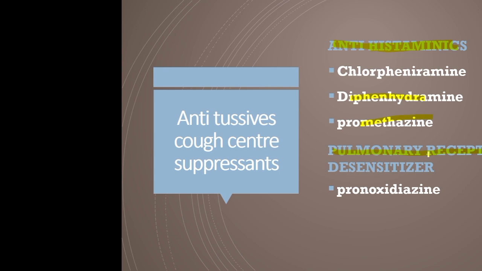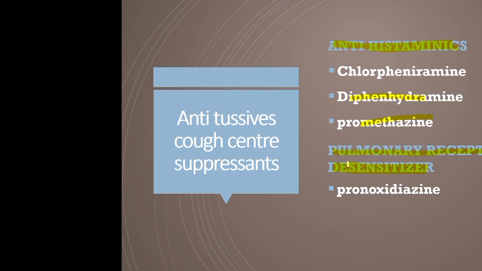And what are pulmonary receptor desensitizers? They block the activity of the sensitizing agent. The pulmonary receptor desensitizers are mostly used to treat the cough which originates in the bronchi.